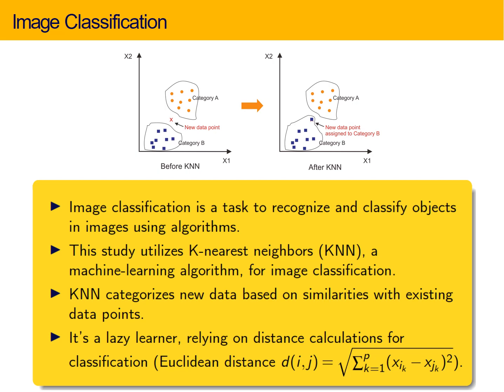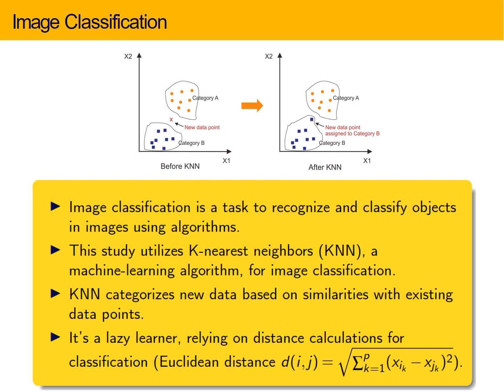The term k refers to the number of neighbors used for classification, and it is a hyperparameter that can be adjusted to optimize the algorithm's performance. So the illustration can be shown in this figure.